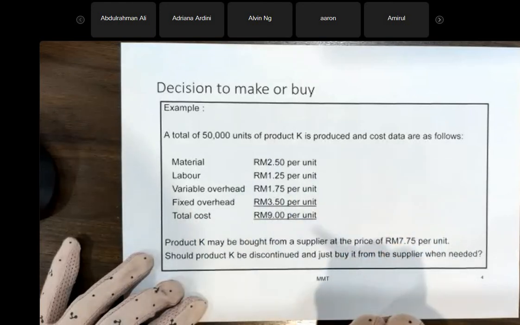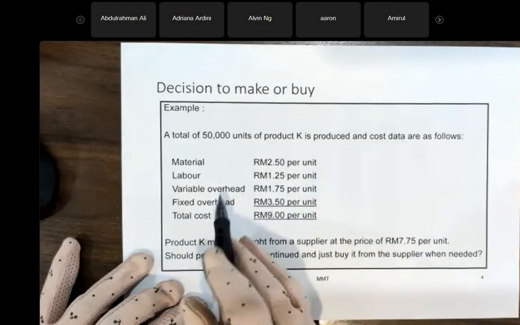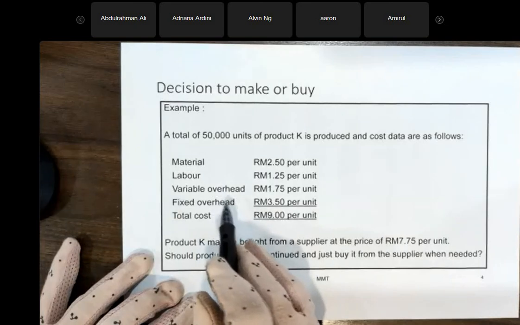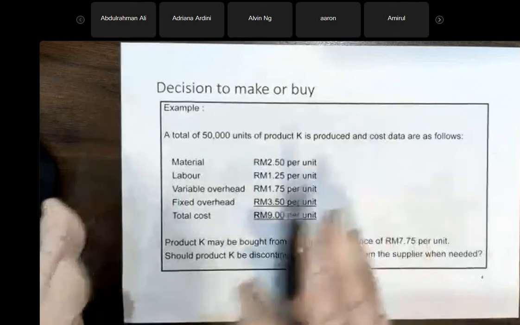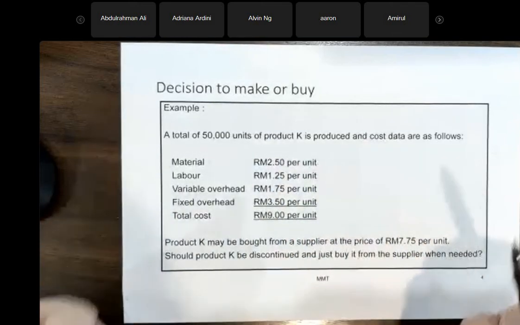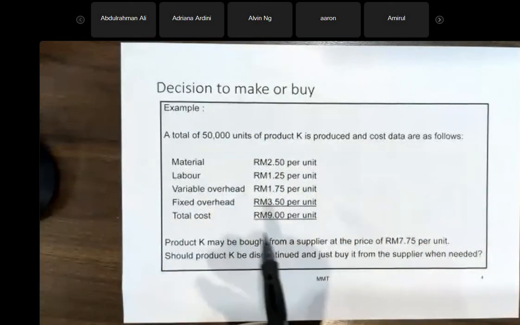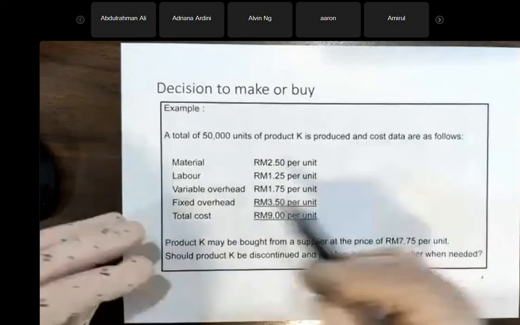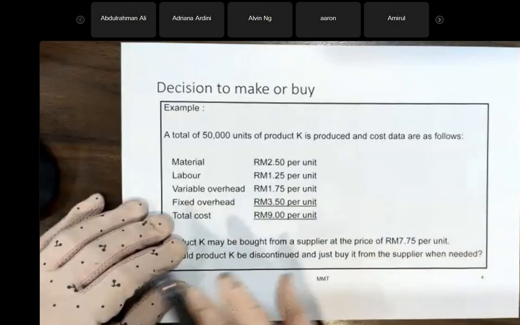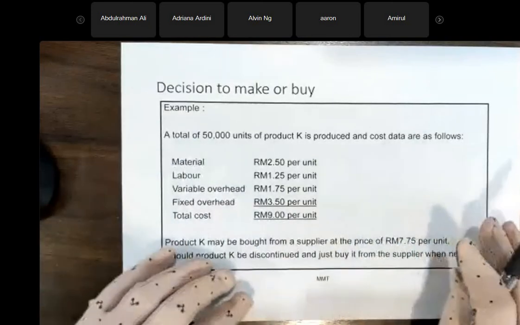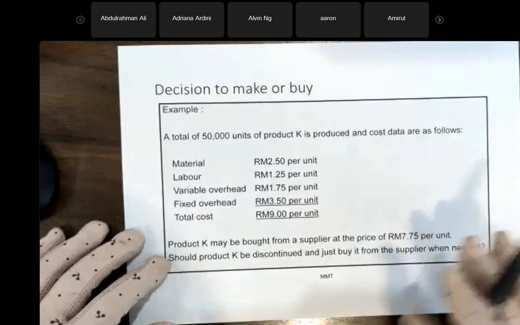Okay, in your mind, you want to separate the fixed cost, right? You want to separate the fixed cost, but fixed cost, even though you want to produce or not, still you have to pay. Dia remain dia punya number tu. Still kena bayar juga.